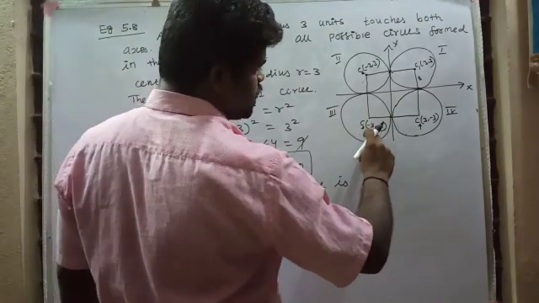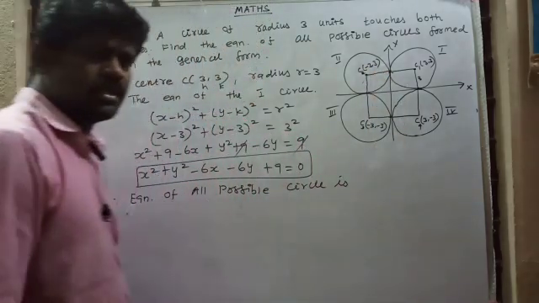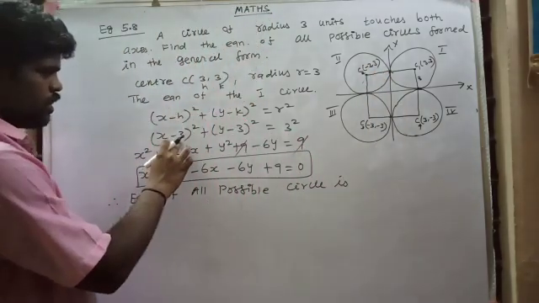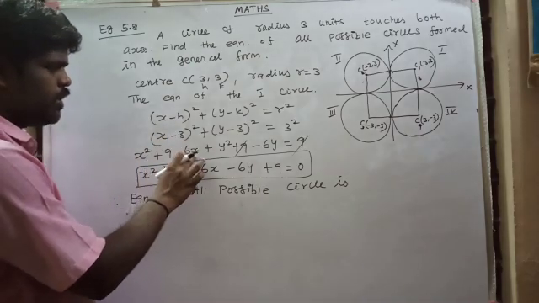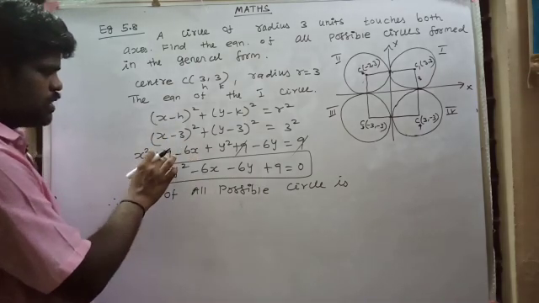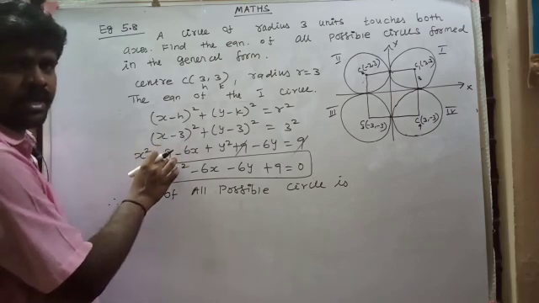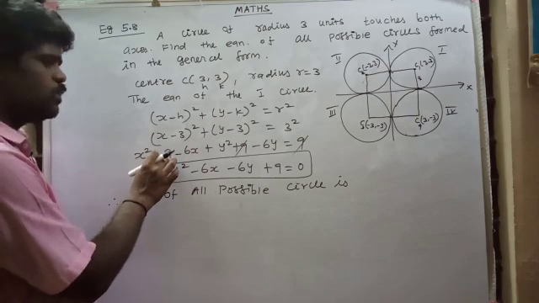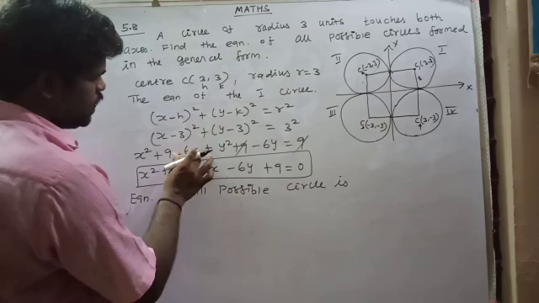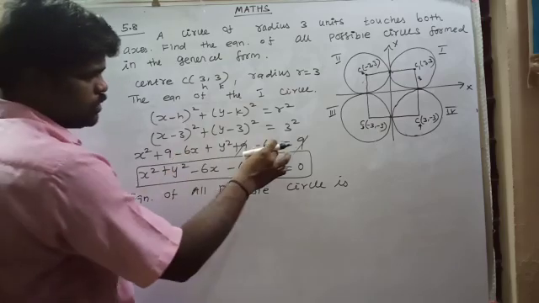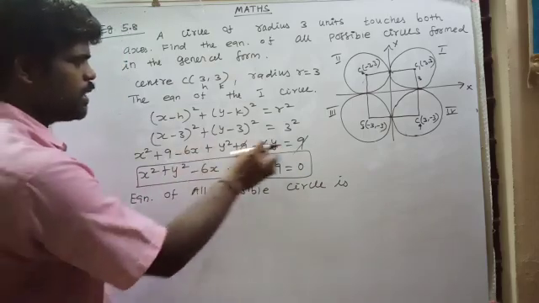The value only changes: minus 3, here 3, minus 3. The sign only changes. If we expand this, the sign only changes in the 2ab term. This is the a square term and this is the b square term. There is no change there, because if minus 3 is there, when we square it, we get plus 9. These two terms change: minus 6x and minus 6y.